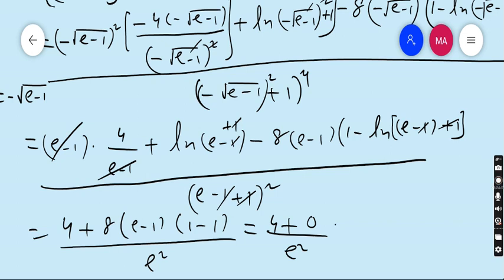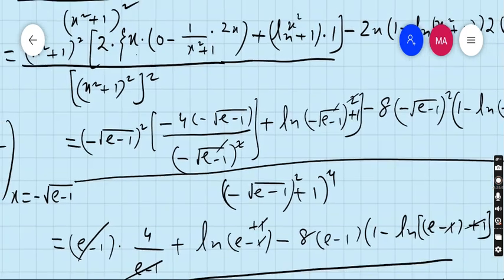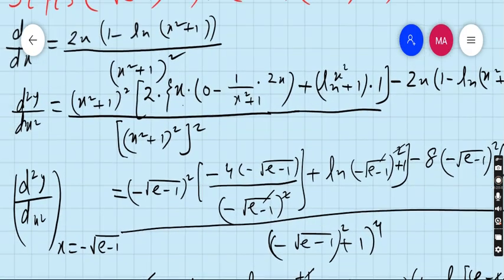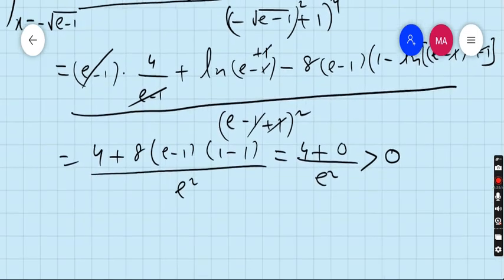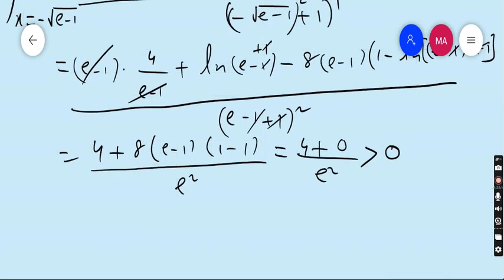Answer is positive, but the answer in the book is maximum. So there should be a mistake. Kindly find my mistake yourself.